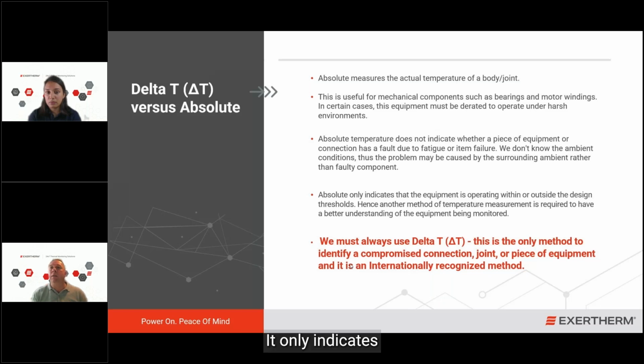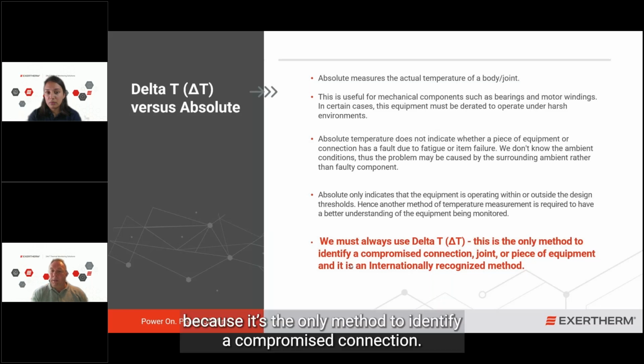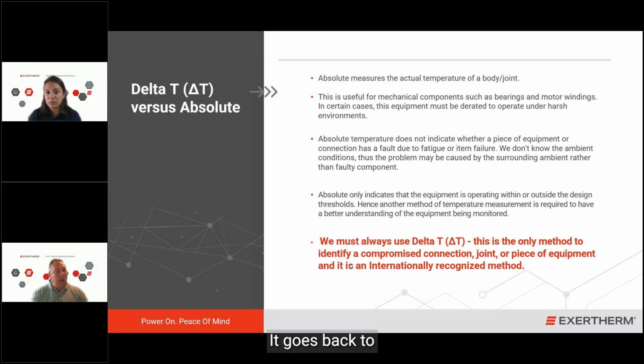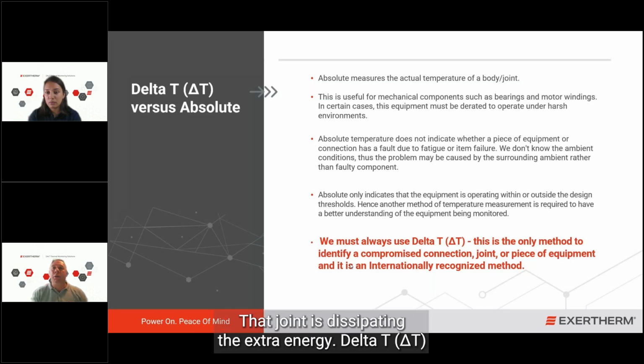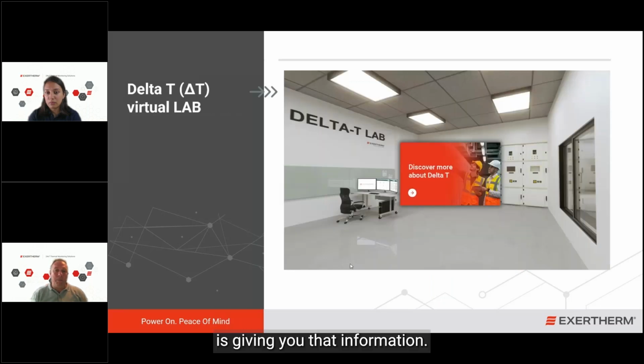It only indicates you're operating within those IEC or ANSI levels of maximum temperatures, not actually what's happening to the joint. So we must always use delta T, because it's the only method to identify a compromised connection. It goes back to Newton's law of cooling. That joint is dissipating the extra energy, and delta T is giving you that information.